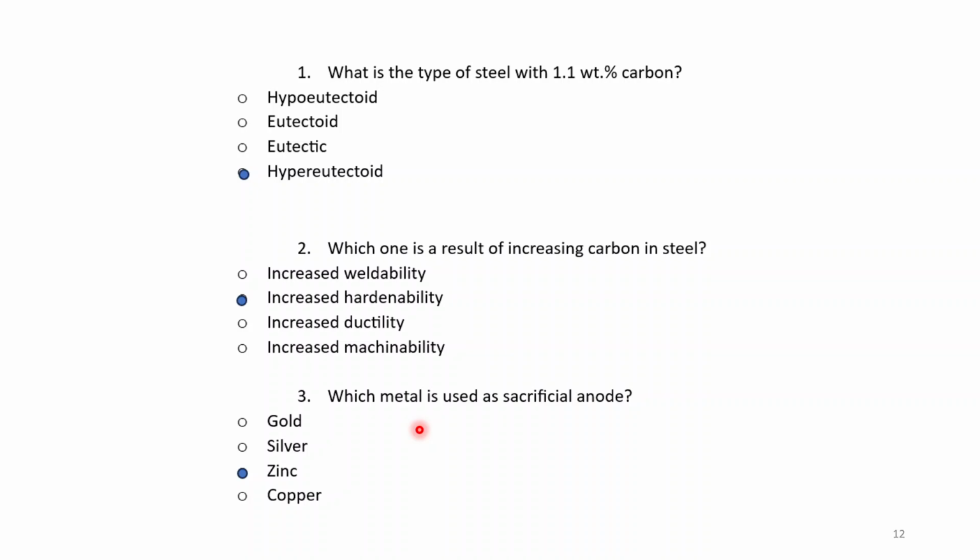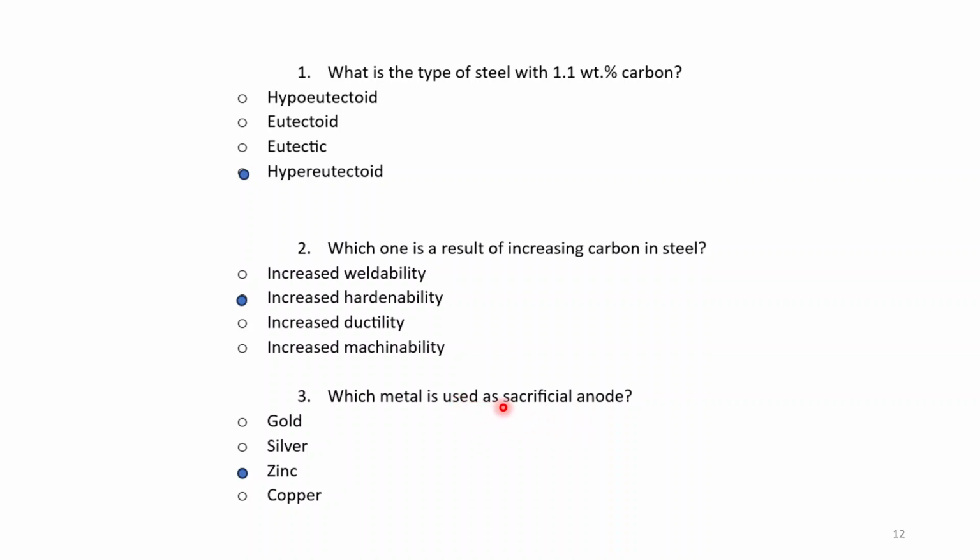Next question is, which metal is used as sacrificial anode? So for using sacrificial anode, your material should be highly reactive compared to the other material that you are trying to save from the corrosion. For example, if some material is connected electrically to the material that you are trying to save, then the other material will more likely get corroded compared to your material that you are trying to save.